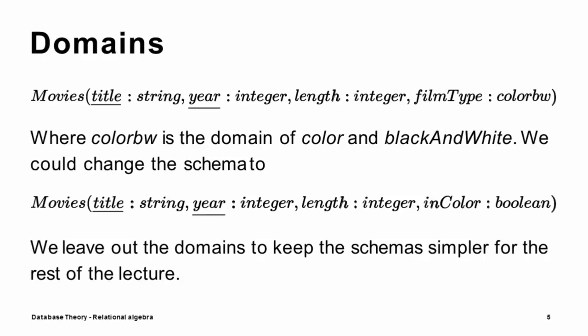So having a look at that film type, we see that it's set to the domain of whether it's in color or in black and white. Well, then you have to define what that color BW is. It might be easier to just tell the people whether it is in color or not, which then turns that type into a Boolean value instead.